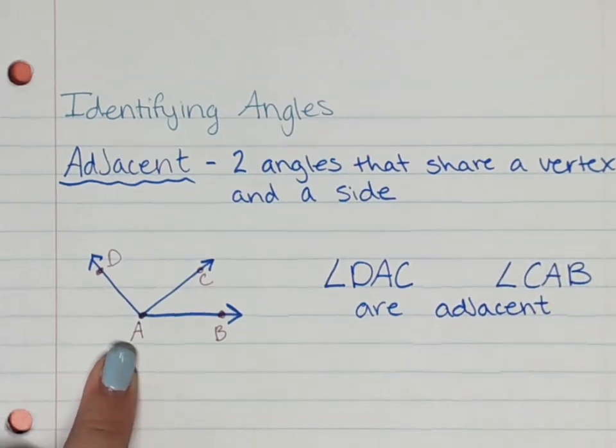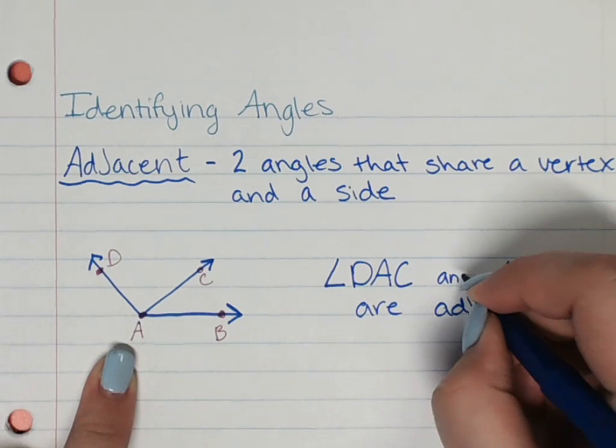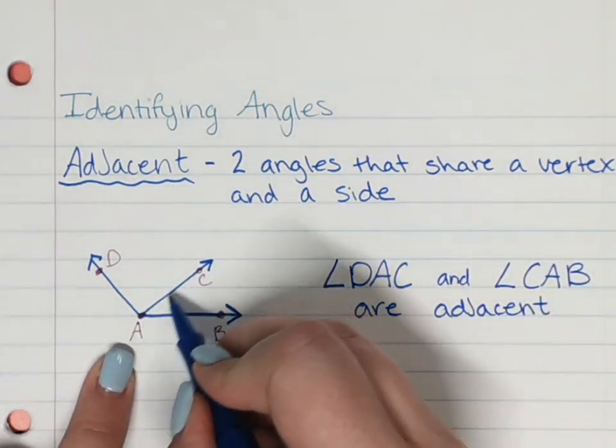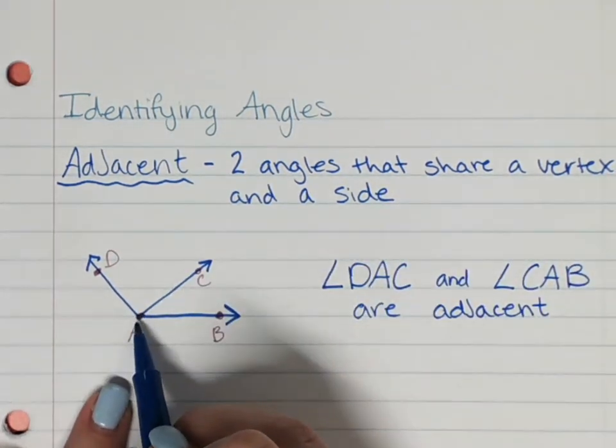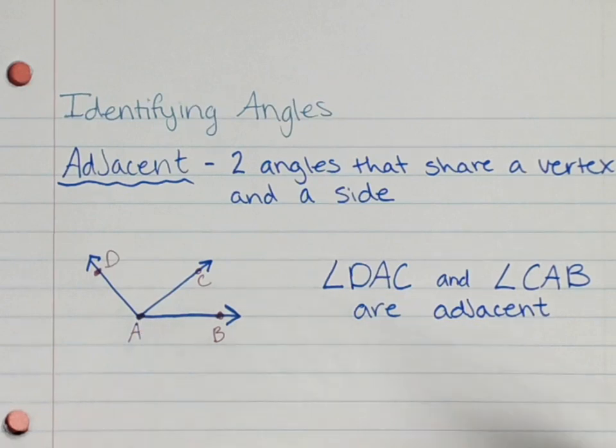Okay, so this means that they share the side AC and they share the vertex A. Okay, so those are adjacent.